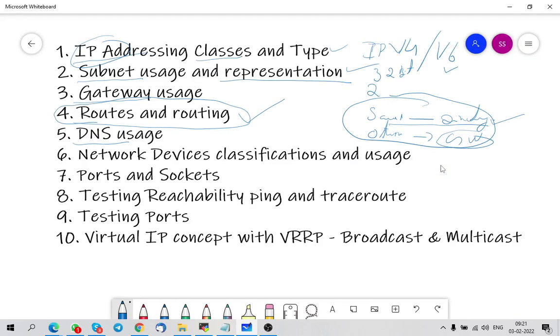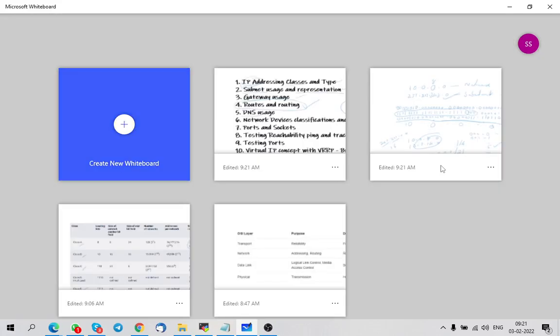So here gateway, we already discussed the purpose of gateway. That means if any packet which the host needs to send to another network, it will give that packet to the gateway, then the gateway address. So normally the gateway address belongs to a layer 3 device.